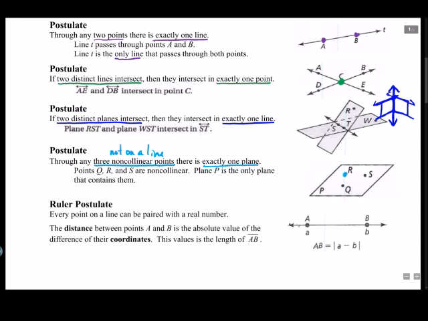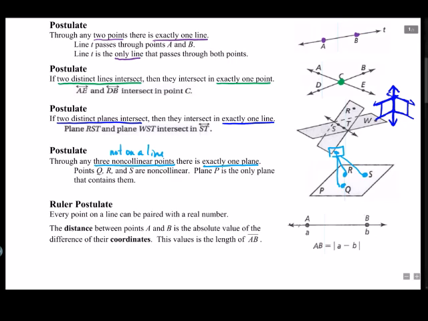So if we look at our plane over here, we have 3 points, points Q, R, and S. And those 3 points, there can be one and only one plane that contains all 3 of those points. And I like to think of this as a camera tripod. So you put your camera on these points to keep it upright.